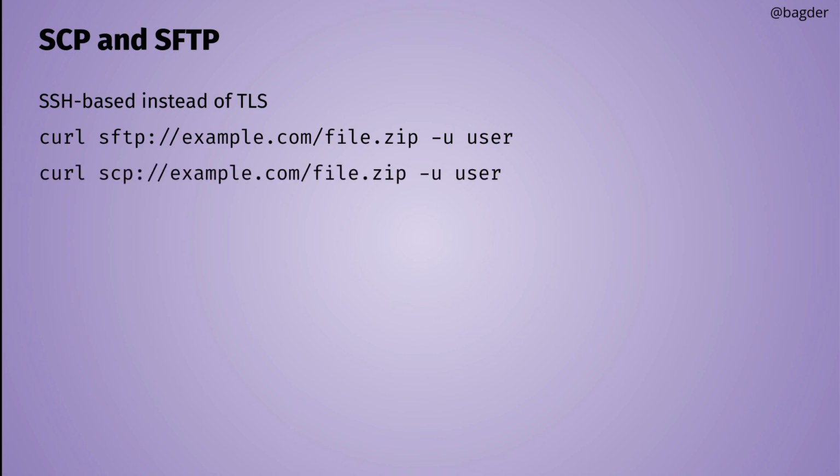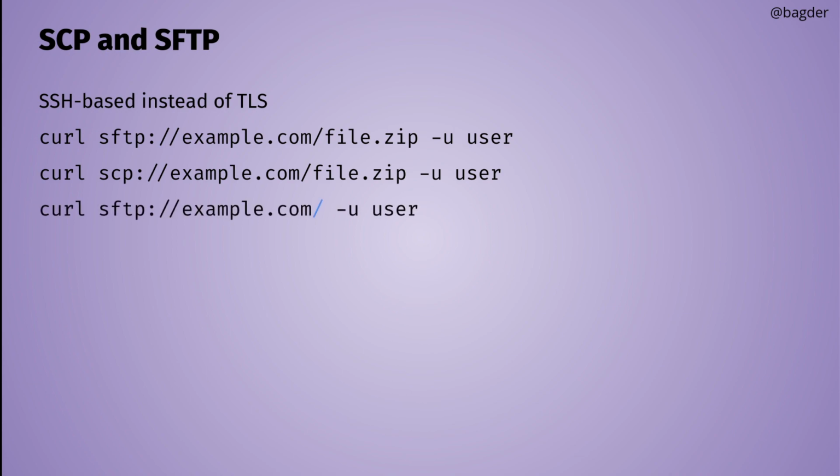SCP and SFTP are two different protocols, and they both go over SSH. In particular, we usually recommend going with SFTP, the first one, because it's slightly more portable and defined. The second one, SCP, is less portable, but use whatever works for you.